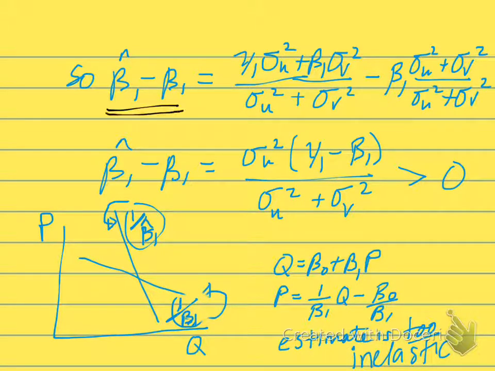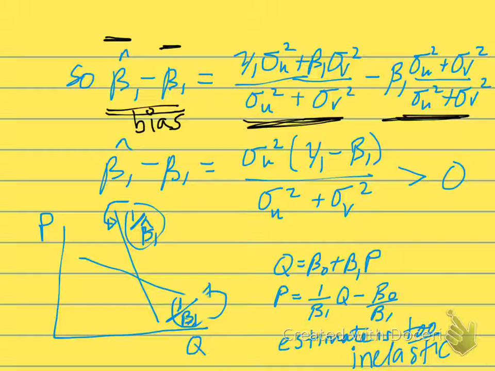So beta 1 hat minus beta 1 is the bias, right? It's the difference between our estimated coefficient and our true coefficient. So that's going to be equal to what we had before, minus beta 1, and I'm going to multiply beta 1 times 1.